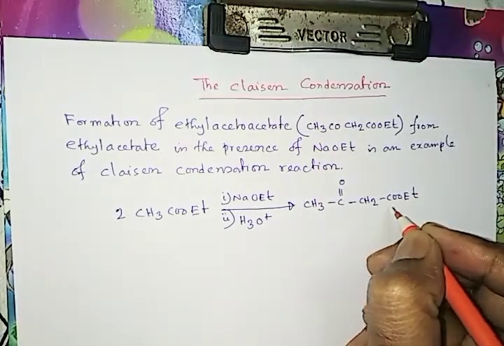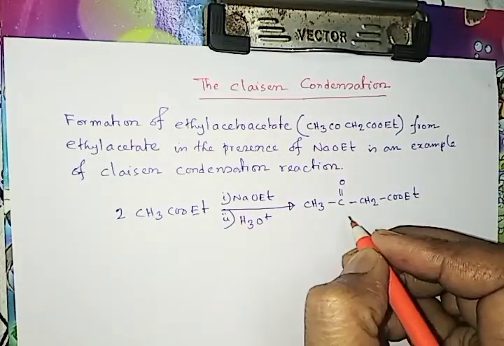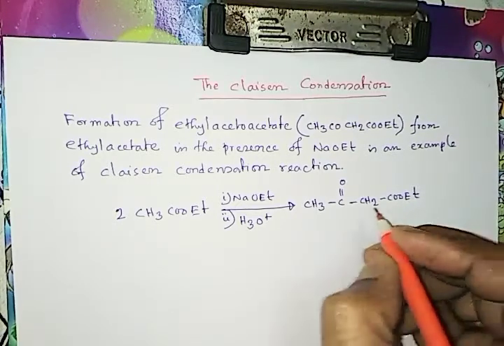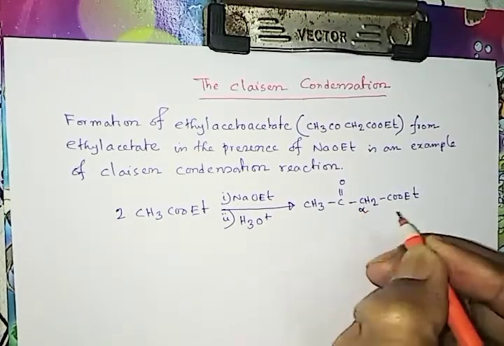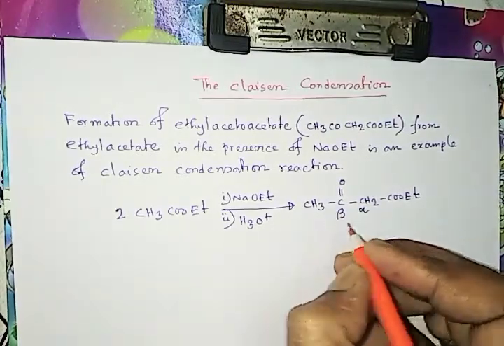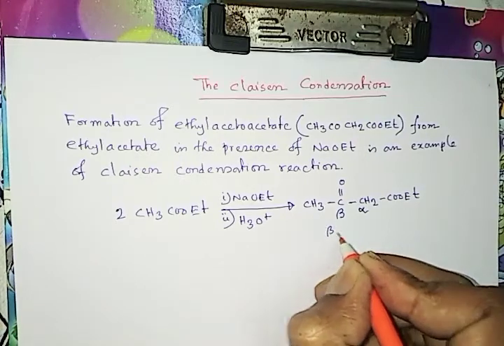This is ethyl acetoacetate. If you look at this molecule with respect to this ester, this is the alpha carbon and this is the beta carbon. So this is a beta keto ester.